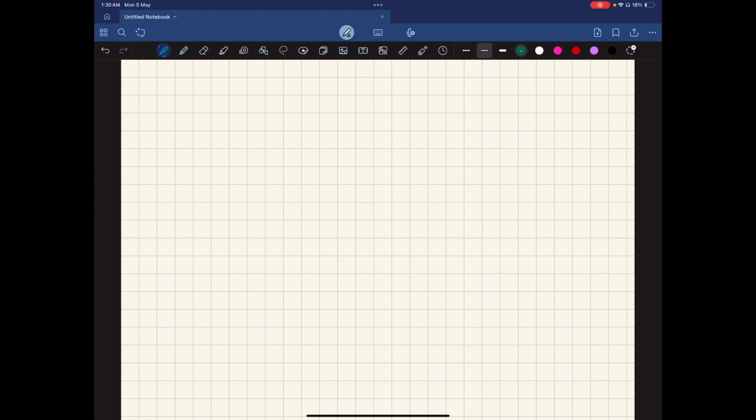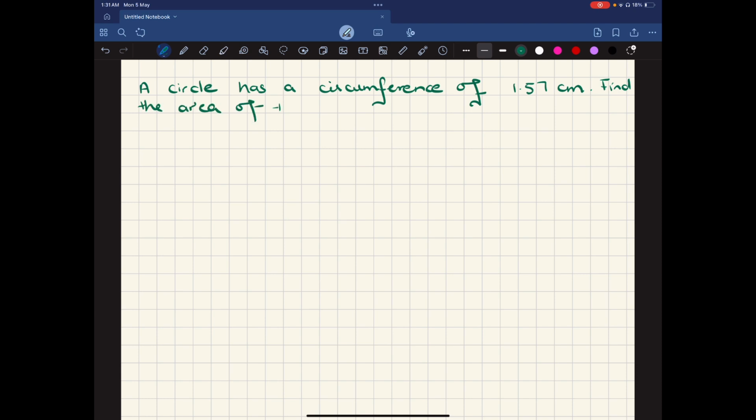So if the question says that a circle has a circumference of 1.57 centimeters, find the area of the circle, giving your answer in millimeters squared, correct to 3 significant figures.